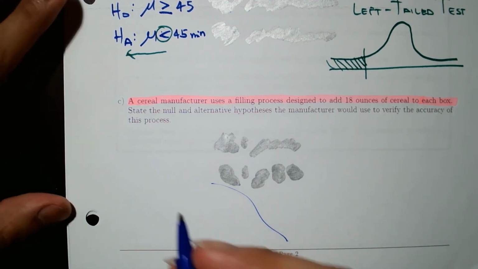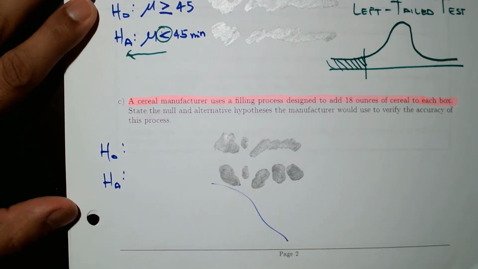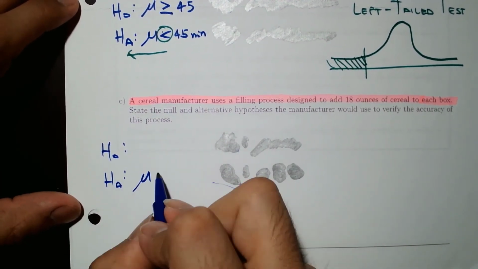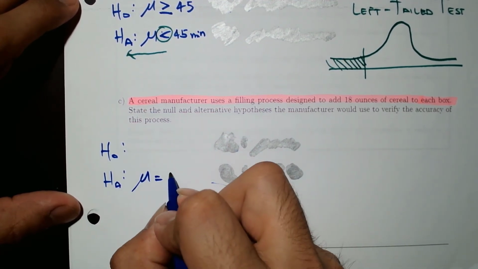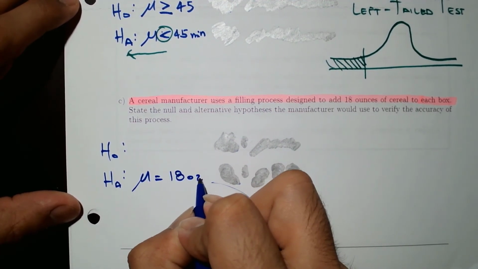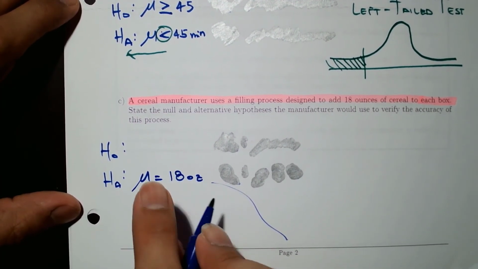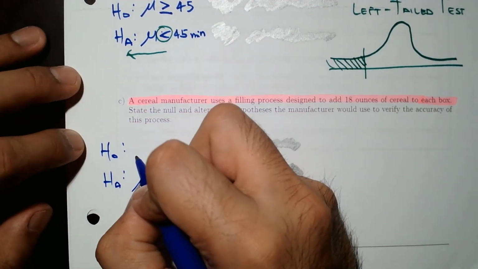All right, so let's state the Ho, the Ha. The null hypothesis, the alternative hypothesis. Well, in this case, the mean or the average amount of ounces of cereal in each box is 18. Well, what is the logical opposite of something that is equal?